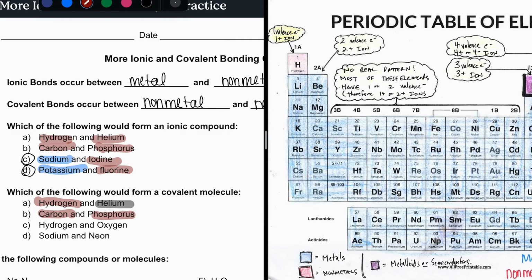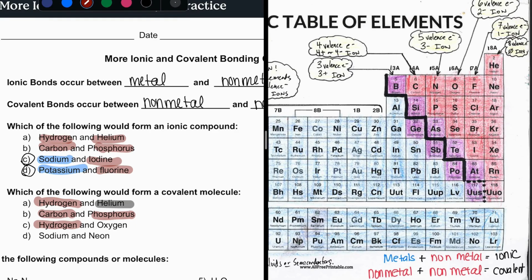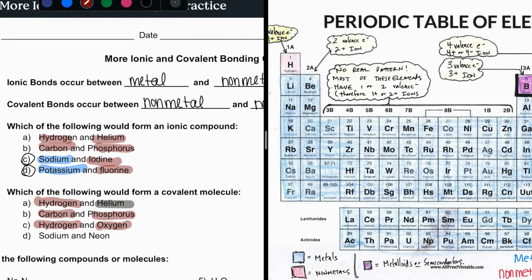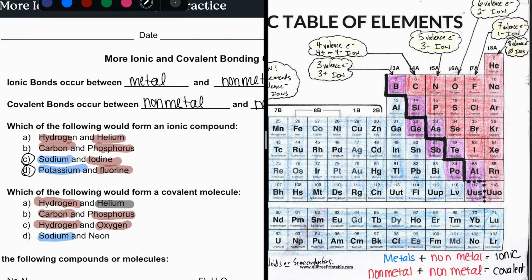Hydrogen is a nonmetal. Oxygen is a nonmetal. And sodium is a metal. And neon, again, is a nonmetal, but it's a noble gas. It doesn't bond with anybody. So looking at my choices, it can't be A or D, and covalent bonds are nonmetal to nonmetal, and that is what I have for B and C.